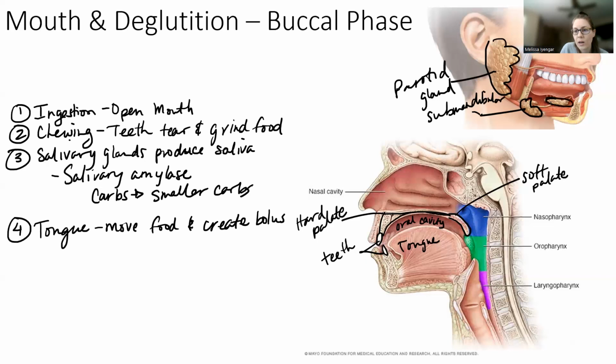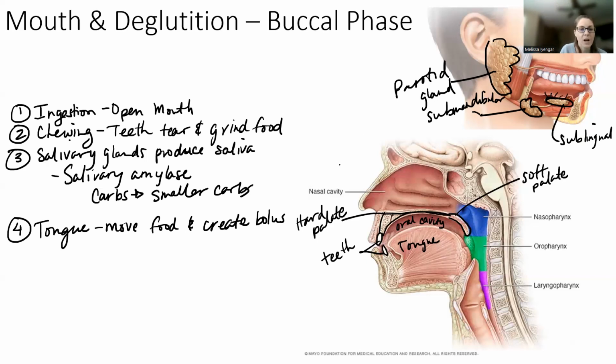You see how the parotid and submandibular are more superficial, so they have longer ducts to put saliva in your mouth, whereas the sublingual has ducts right underneath the tongue. This is why if you give a patient something to dissolve in their mouth, sometimes it's best to put it under the tongue. It'll help create more saliva.